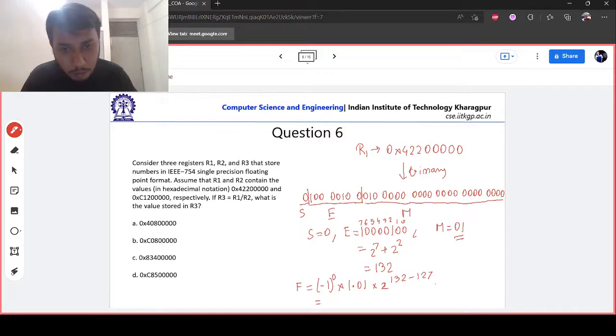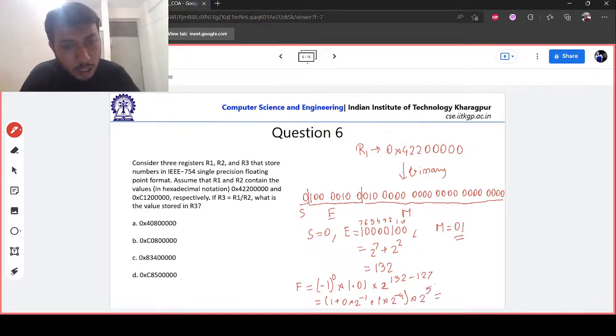So what is this? It is basically 1 plus 0 into 2 to the power of minus 1 plus 1 into 2 to the power of minus 2, into 2 to the power of 5.